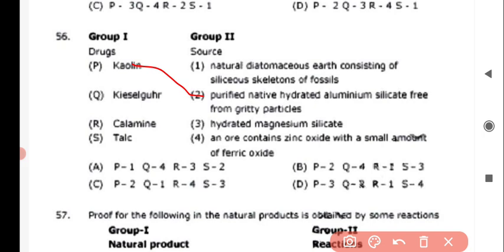For kieselguhr, the correct answer is option number 1, that is natural diatomaceous earth consisting of siliceous skeletons of fossils. For calamine, the correct answer is option number 4, that is an ore containing zinc oxide with a small amount of ferric oxide. And for talc, the correct answer is option number 3, that is hydrated magnesium silicate. So option C is correct for this question.